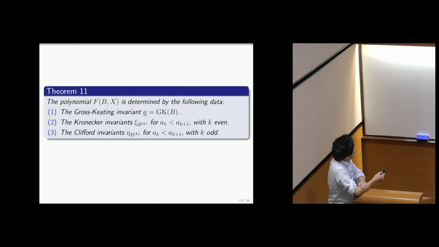And three, the Clifford invariant eta of B_k such that A_k is smaller than A_{k+1} and k is odd. This invariant does not determine the equivalence class of B, but this invariant actually determines the Siegel series F of B, X.